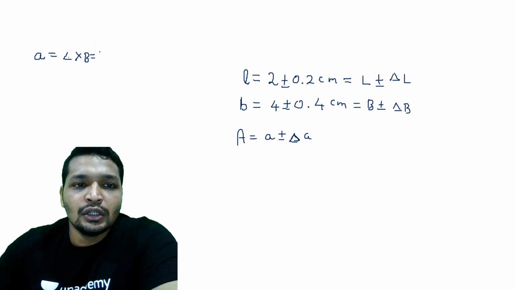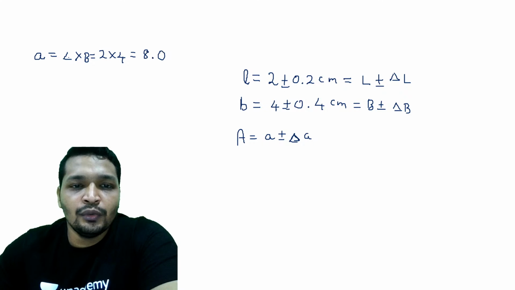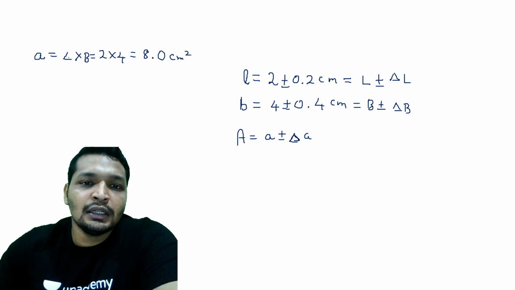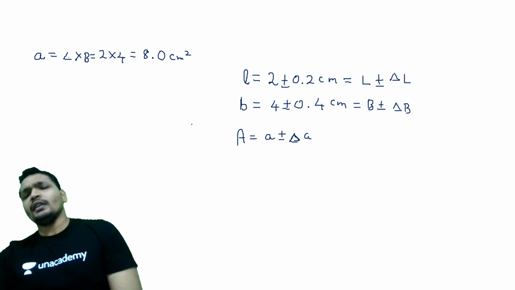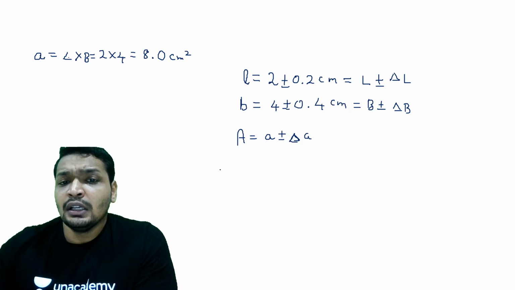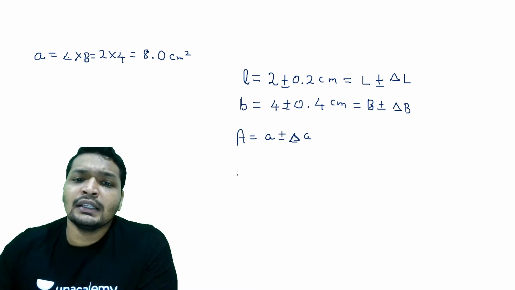That is 2 into 4, that is 8.0 square centimeters. And how about delta A?